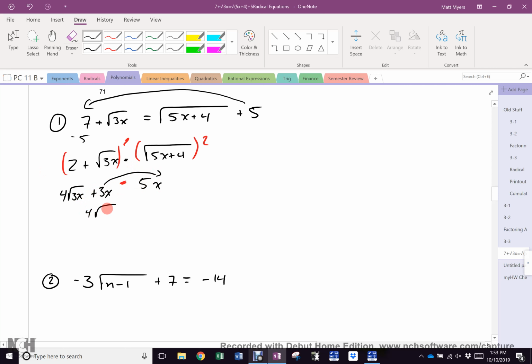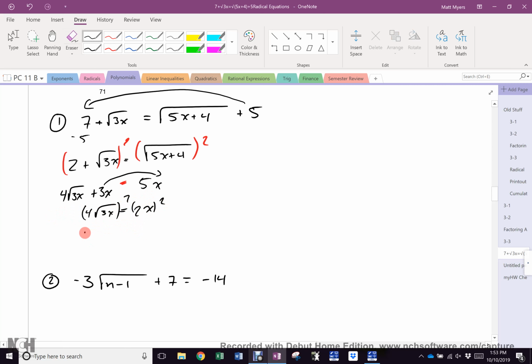And I'm going to get 4 root 3x equals 2x. Right? Now, you have a choice. You could divide by 4, but that's going to give you a fraction, which makes most of you pee your pants a little. So, I would, in this case, just square both sides.